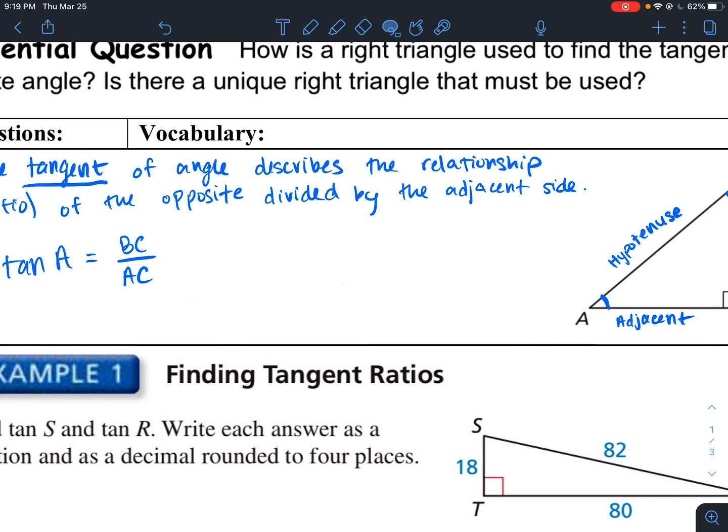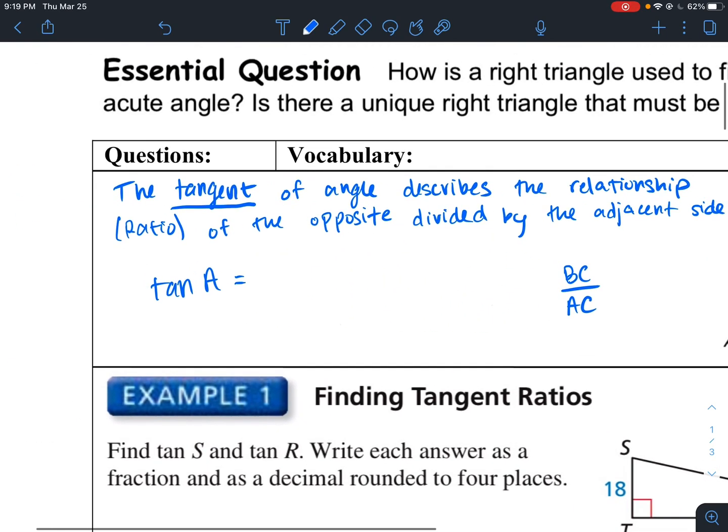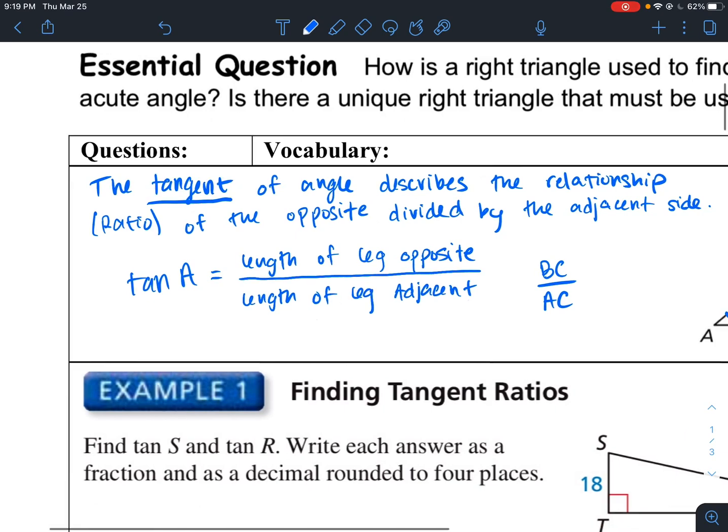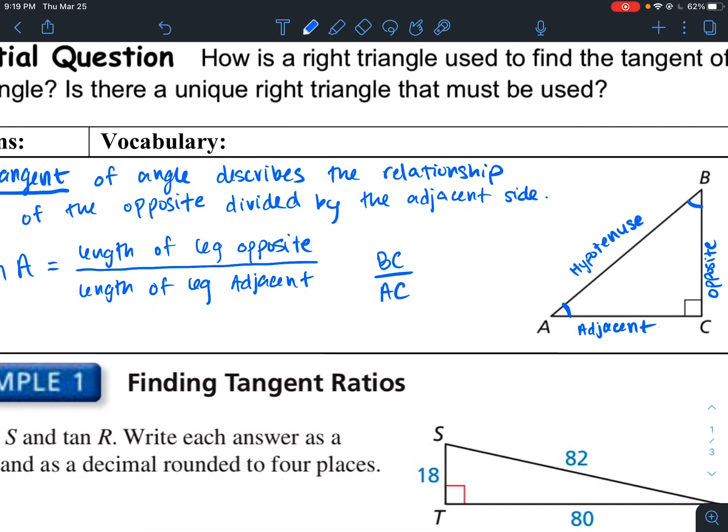So just to make it a little bit more clear, tangent of A is equal to the length of the leg opposite divided by the length of the leg adjacent, and we're talking about angle A. And this would be equal to BC over AC.